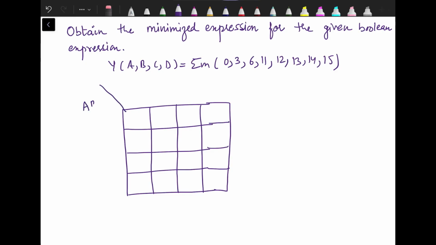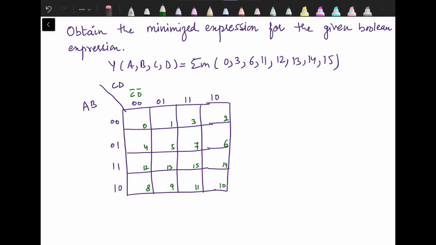A, B, C, D: 0, 0, 0, 1, 1, 1, 1, 0, 0, 0, 0, 1, 1, 1, 1, 0. These are the minterms 0, 1, 3, 2, 4, 5, 7, 6, 8, 9, 11, 10, 12, 13, 15, 14.